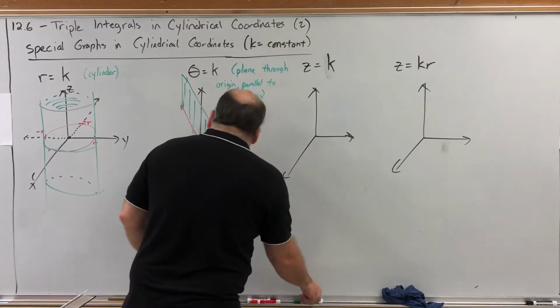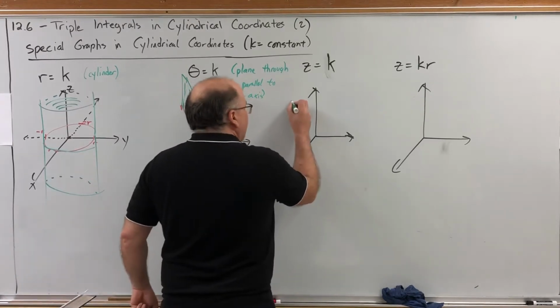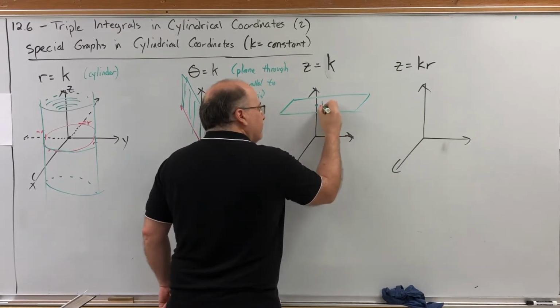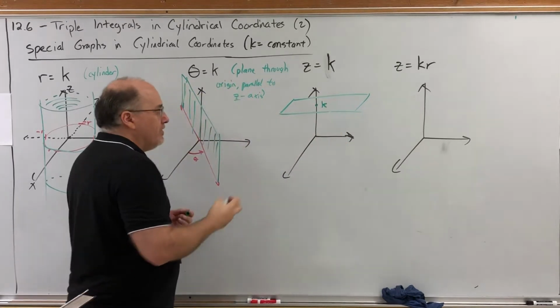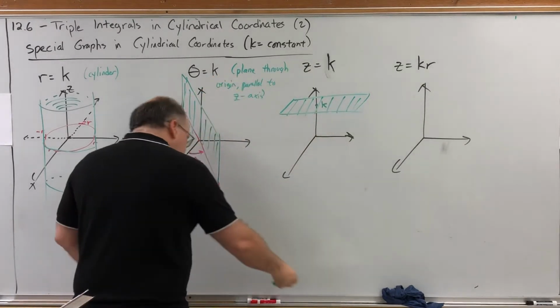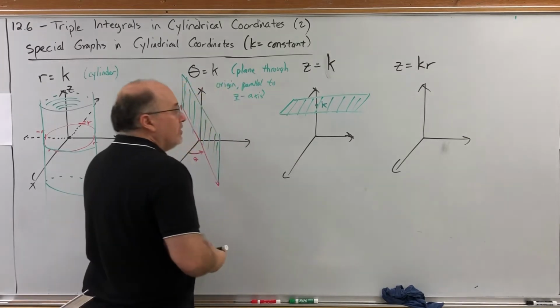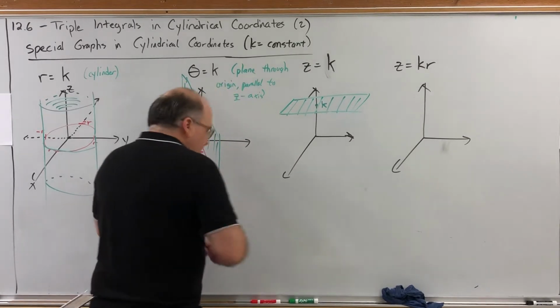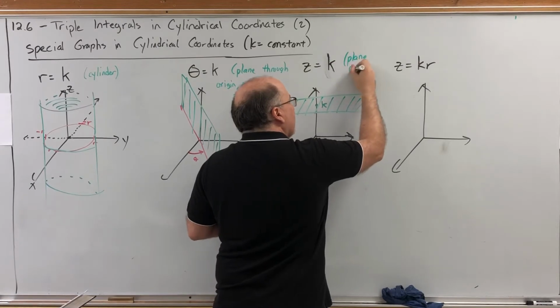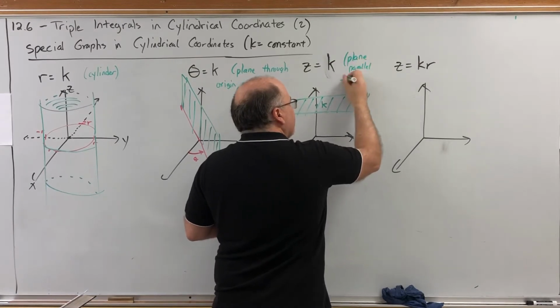So all the points that are up k represent the graph of z equals k. So look, we have a plane that is parallel to the xy plane and crosses the z-axis at k. So it's a plane parallel to the xy plane.